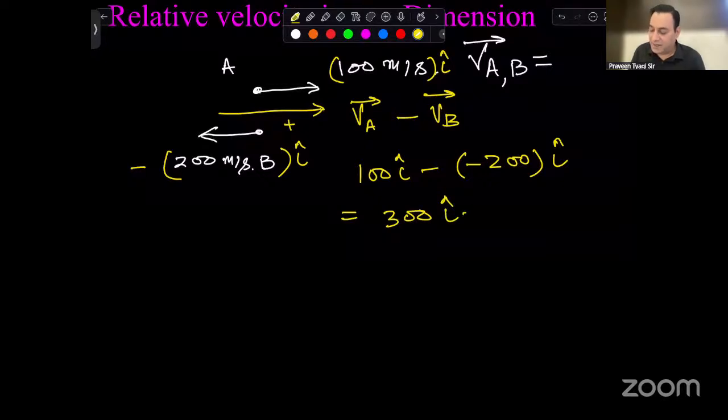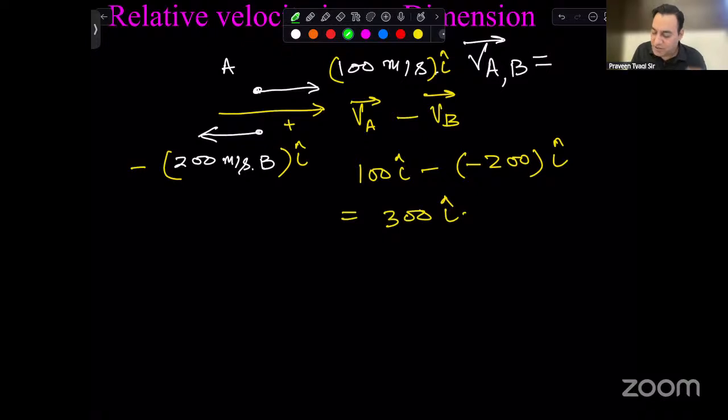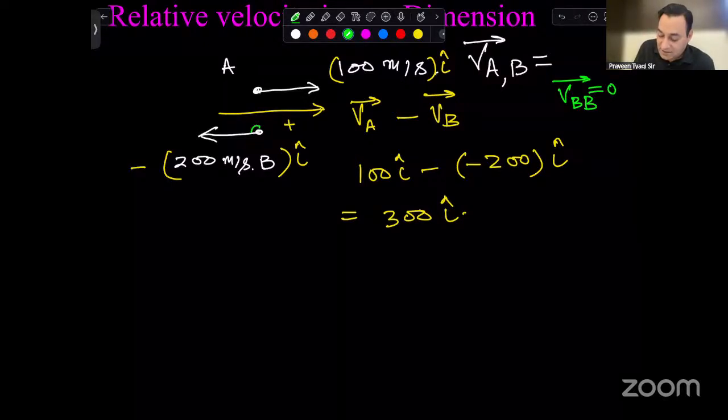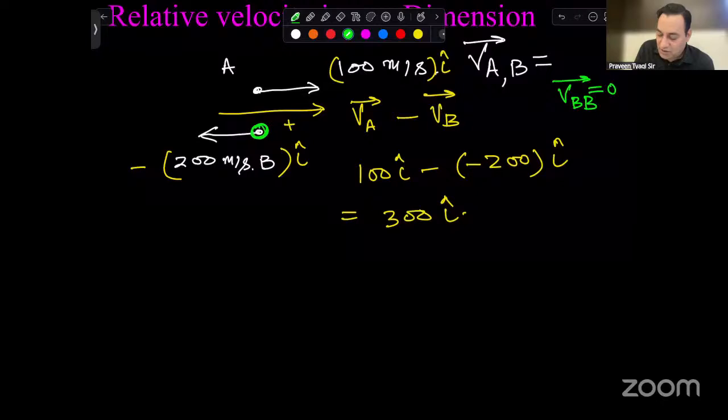Now, to understand who's the observer, what will be the velocity of B as observed by B? It will be 0. Velocity of B minus velocity of B. This body B, who is now the observer, is sitting here, and he feels he's not moving at all. So the observer will feel he's at rest. He will feel A is moving in the positive x direction, and the velocity is 300 meters per second.